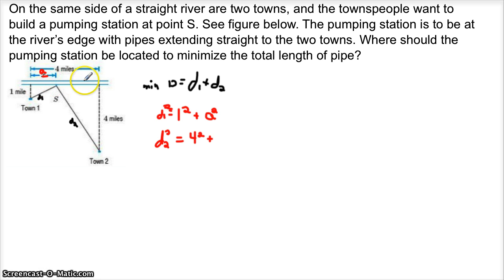Remember, the entire distance is 4 miles. This piece is A, so this is the part that's left over of the 4 miles after I've already moved a distance of A. So we're just going to call this 4 minus A. So this will be the 4 squared, that's this length here squared, plus 4 minus A.